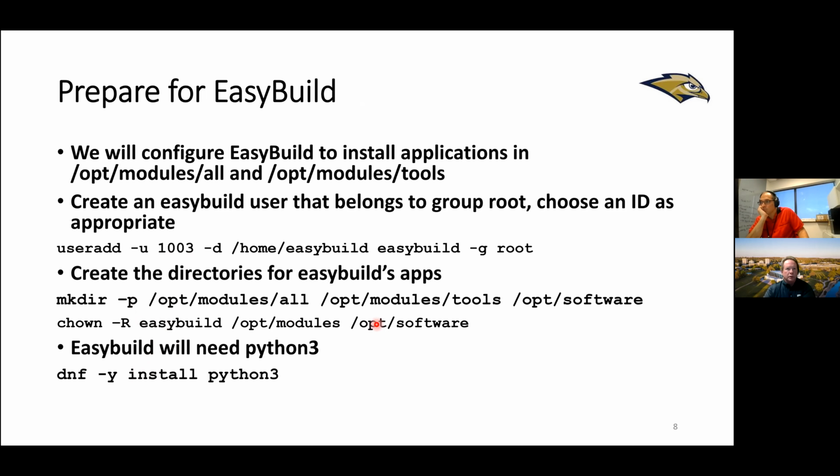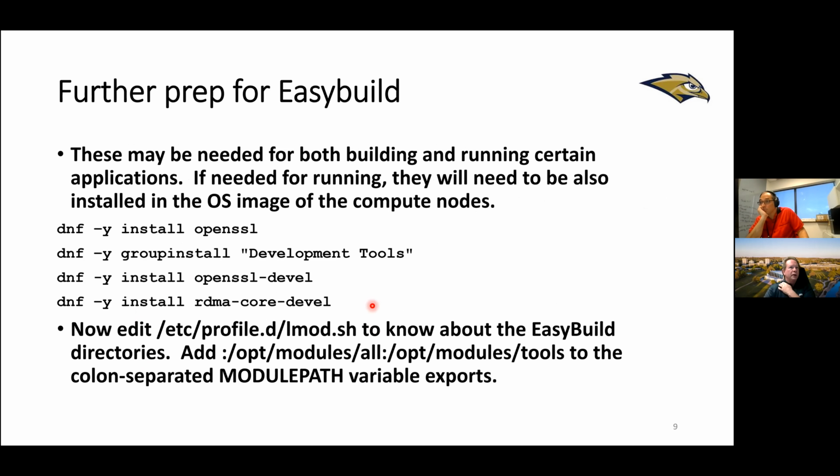All right. Now, both on the build environment as well as on the compute nodes, these are some things that we find are useful to have already pre-installed, because EasyBuild scripts for the given applications may be looking for these tools to be in place.